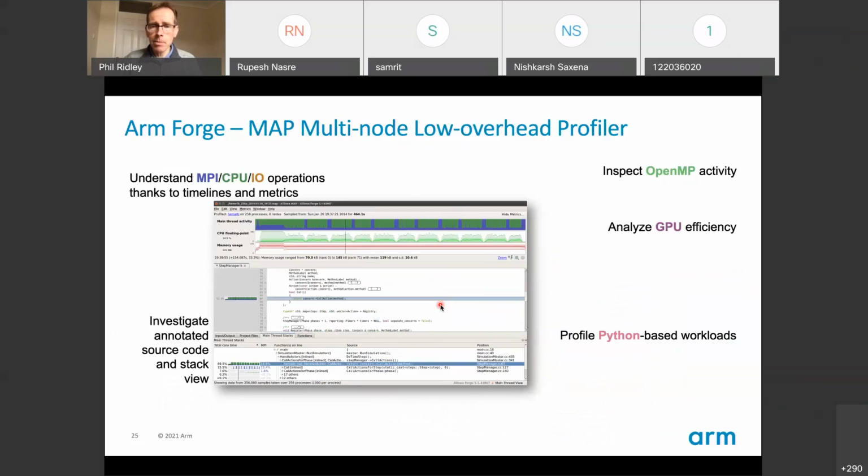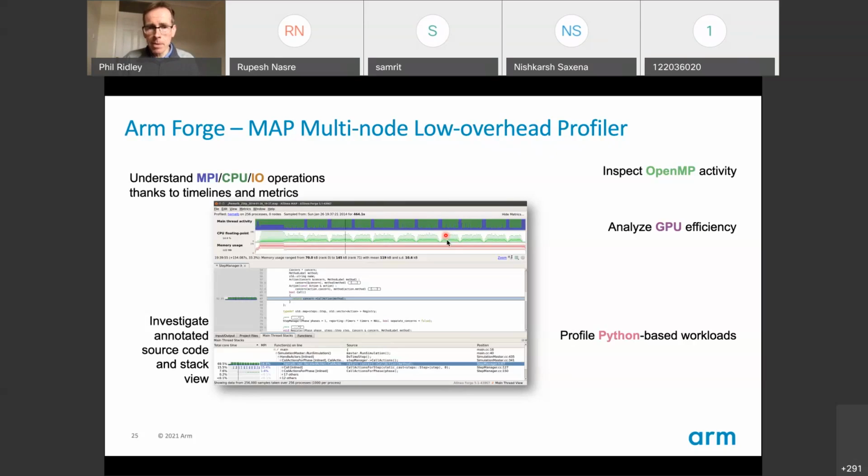Similarly with MAP, the profiler, that offers a similar GUI that gives you a nice breakdown of your application performance. You can look at how the overall runtime breaks down in terms of, say, IO, MPI performance, thread performance, how the CPU is performing. Are you achieving peak CPU performance?